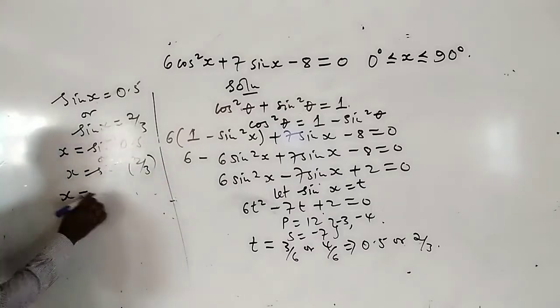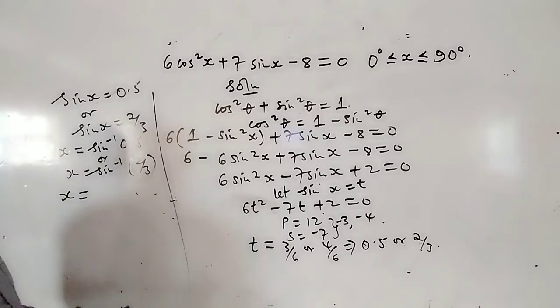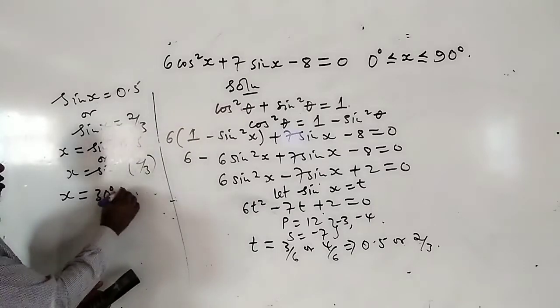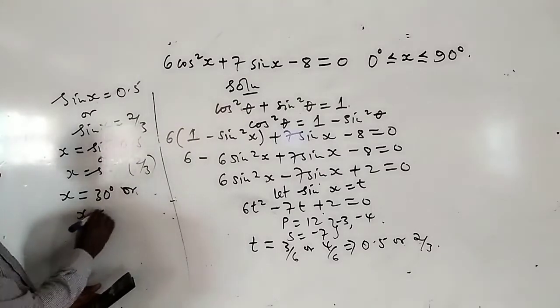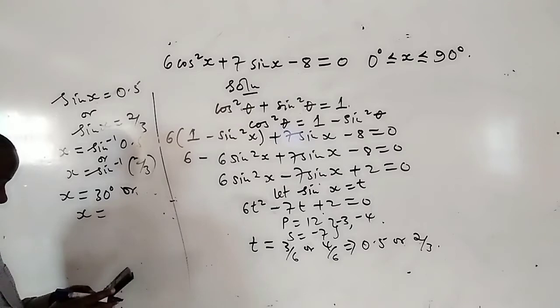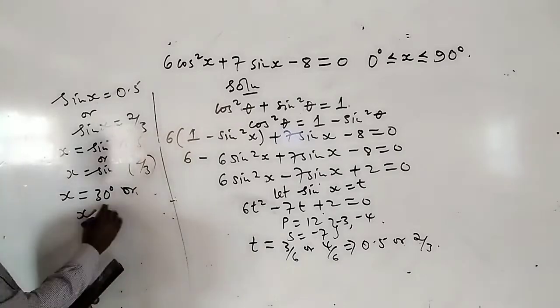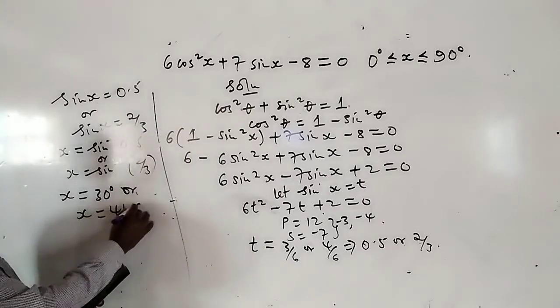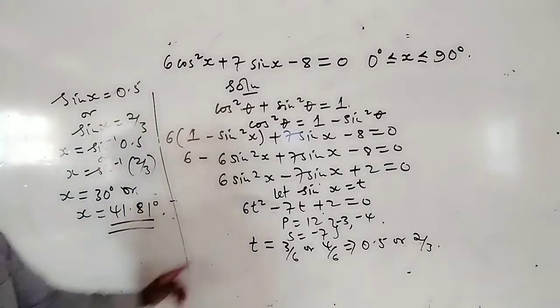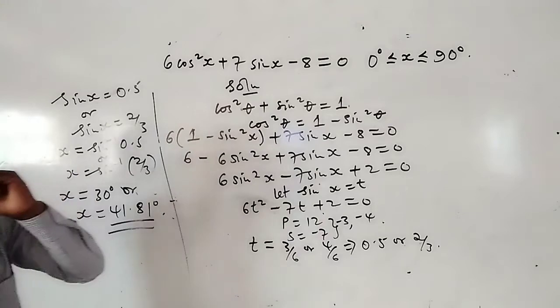So x will either be the inverse sine of half, which is 30 degrees, or x is equal to the inverse sine of 2 over 3, and this is 41.81 degrees. So these are the values of x between 0 and 90.